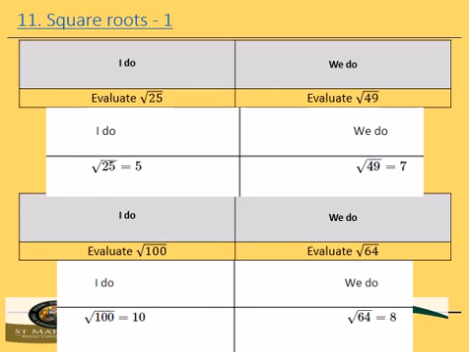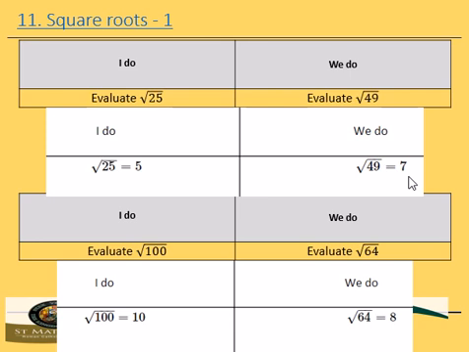So, for the first two we do's of the square root part of the lesson. Firstly, we have evaluate square root of 49, which again is asking us what number do we times by itself to get 49 as an answer? The answer is 7. 7 squared equals 49.